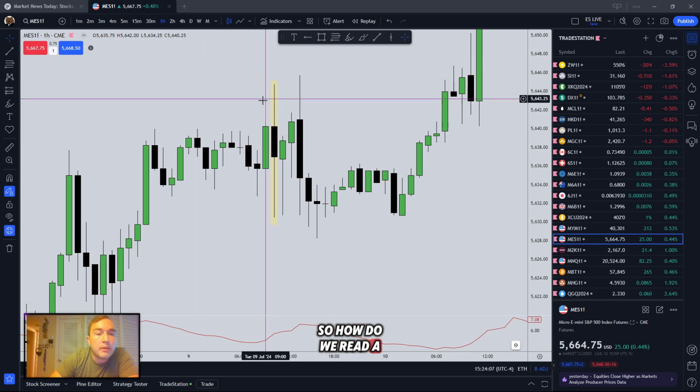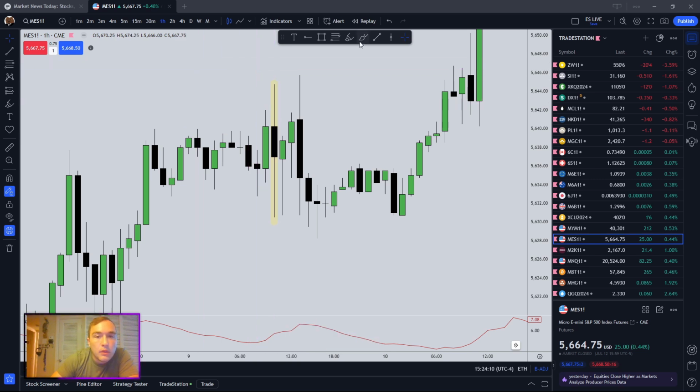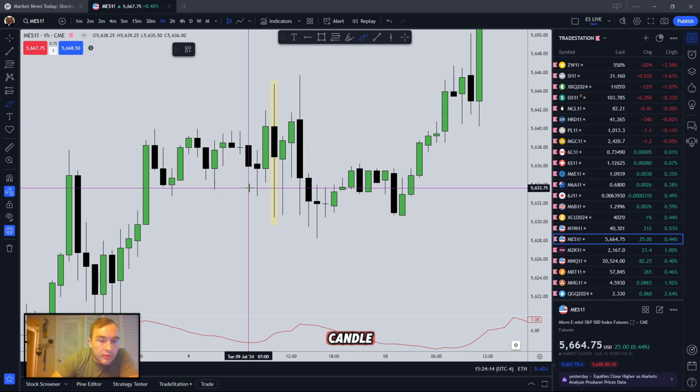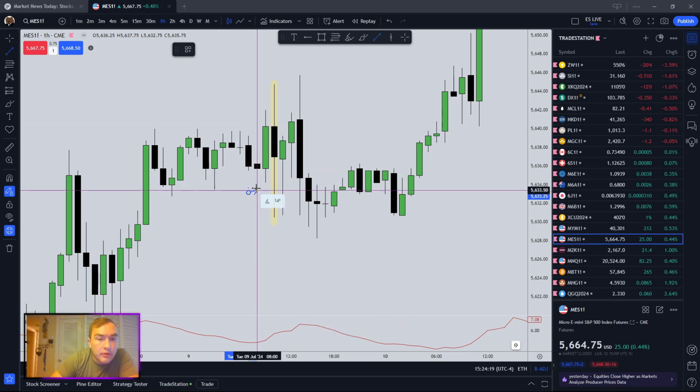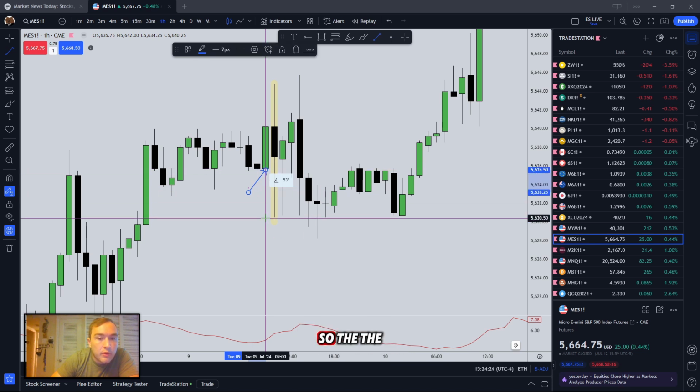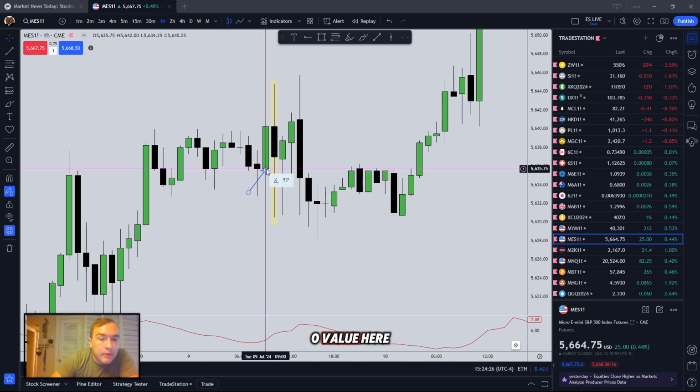So how do we read a black candle? Very simply. Remember that in a green candle, the opening value was lower than the closing value. So the O value was the bottom of what's called the candle's body, or that little rectangle portion of the candle.